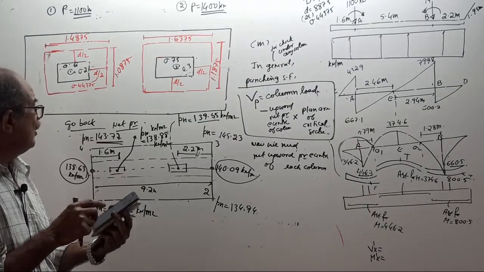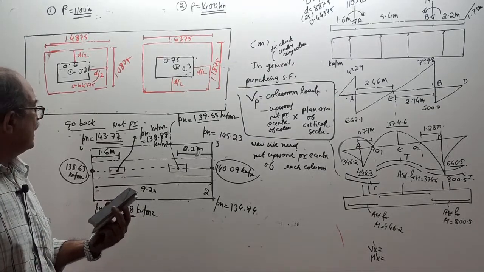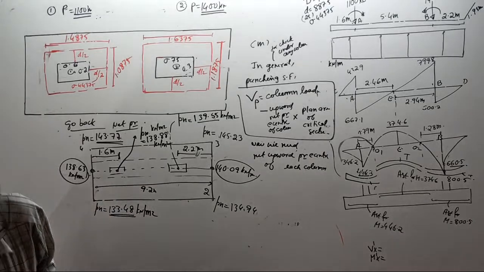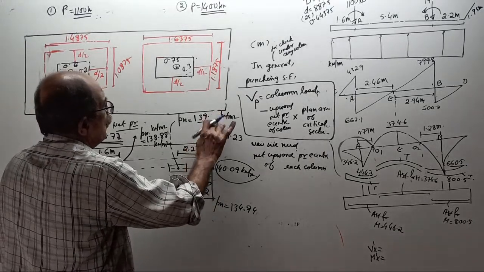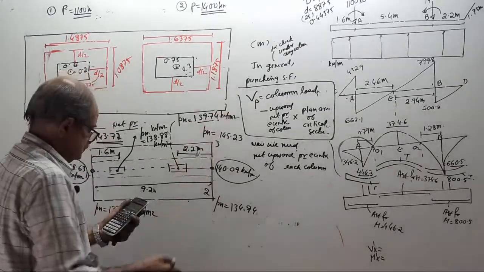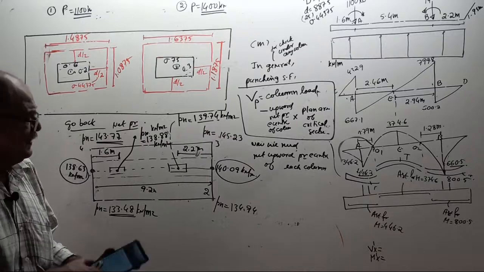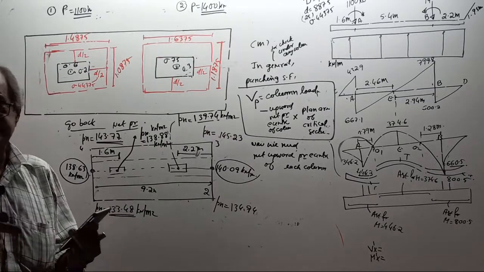When I do under the other column, I am getting correct. 139.74 came. You must confirm. 139.74. If you say yes, I will continue.